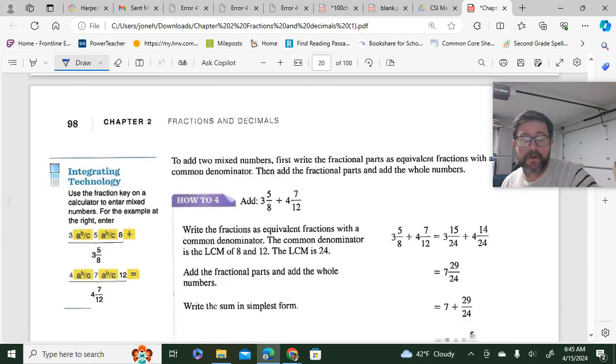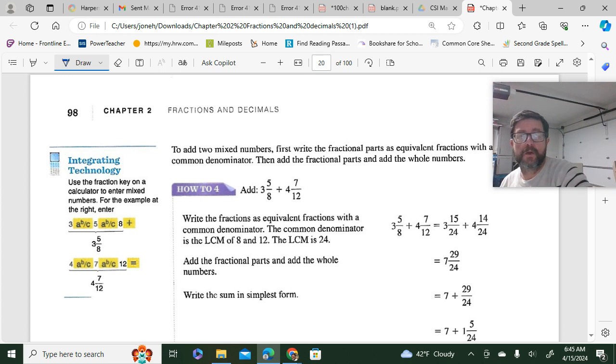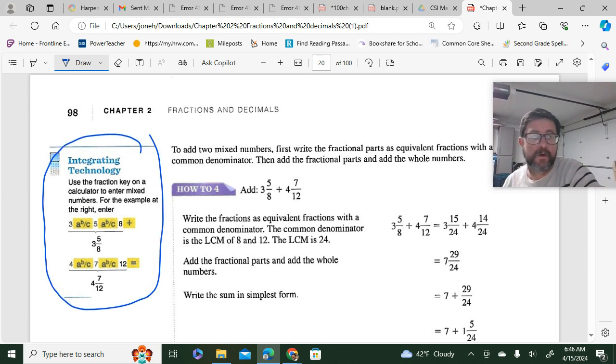And if you get confused, look at this right here. It shows to enter 3 5/8: you enter 3, fraction button 5, fraction button 8, plus 4, fraction button 7, fraction button 12, equals 4 7/12.